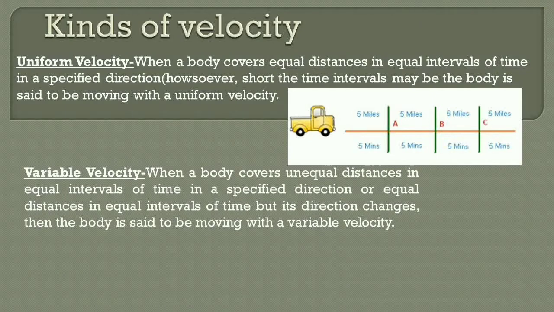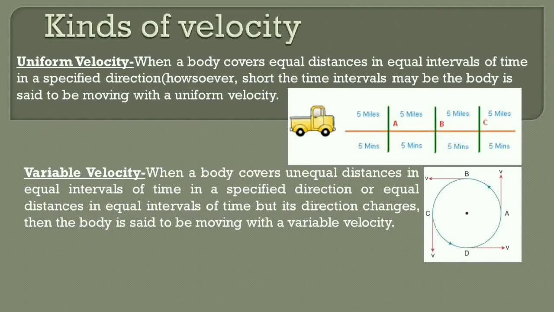You can see in this diagram that one example is given here. Suppose that a car is moving with a constant speed in a circular path, moving from point A to point B, then C, then D. When it takes the turn, it will change its direction.